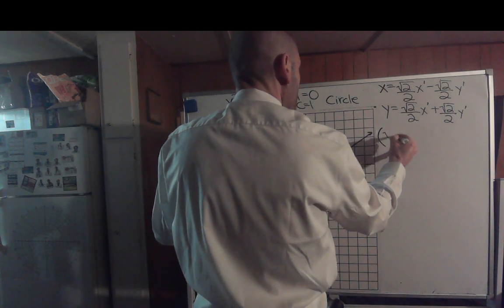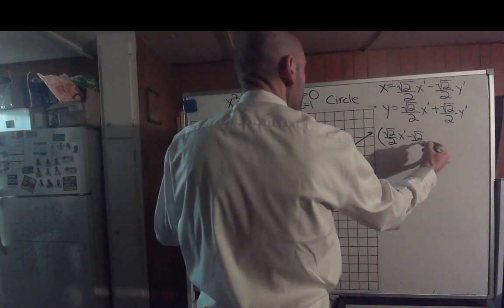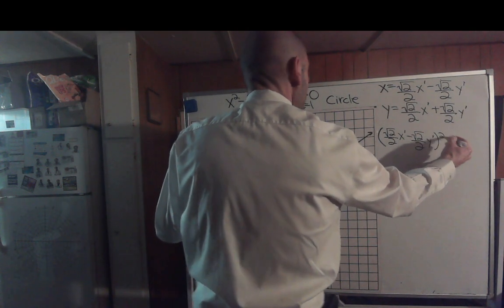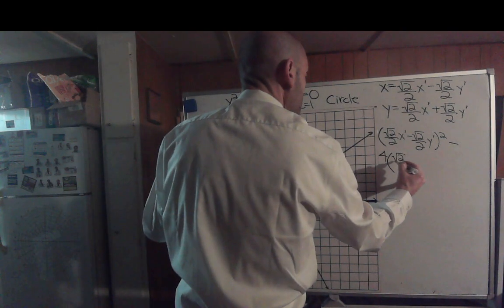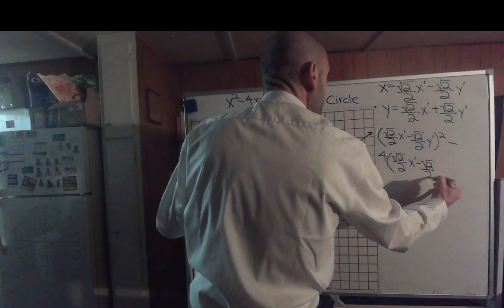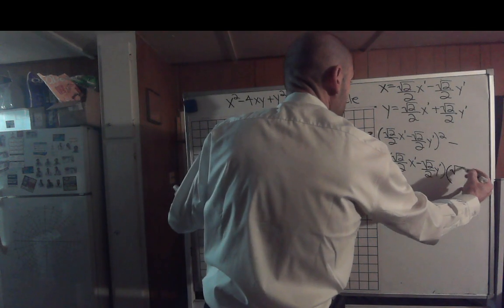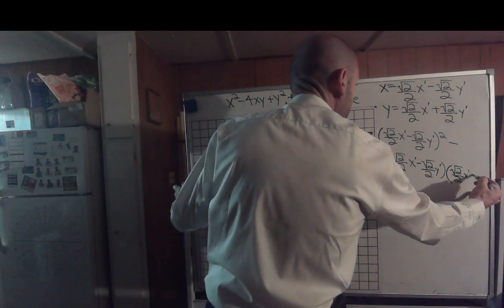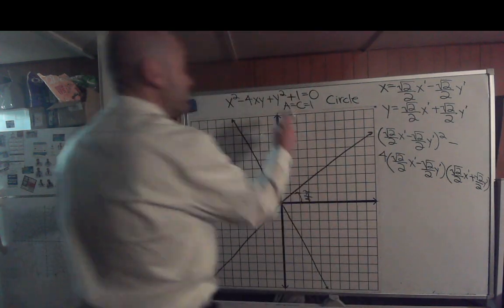So we'll take the square root of 2 over 2 x prime minus the square root of 2 over 2 y prime, square that, minus 4 times my x, which was the square root of 2 over 2 x prime minus square root of 2 over 2 y prime, times the quantity, which is y, square root of 2 over 2 x prime plus the square root of 2 over 2 y prime, plus the y squared.